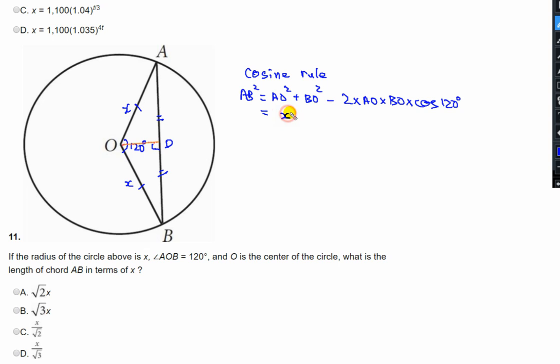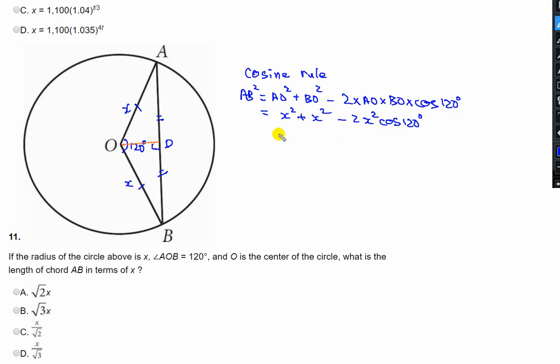So this is x square plus x square minus 2 times AO is x, 2x times BO is x, so it's 2x square cosine 120.